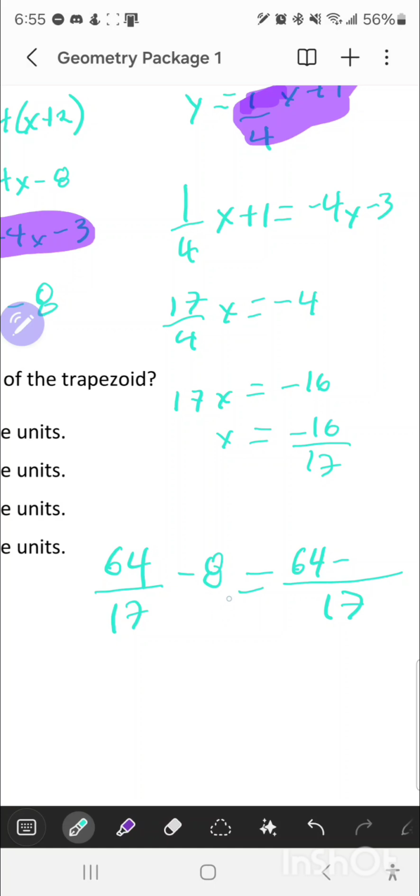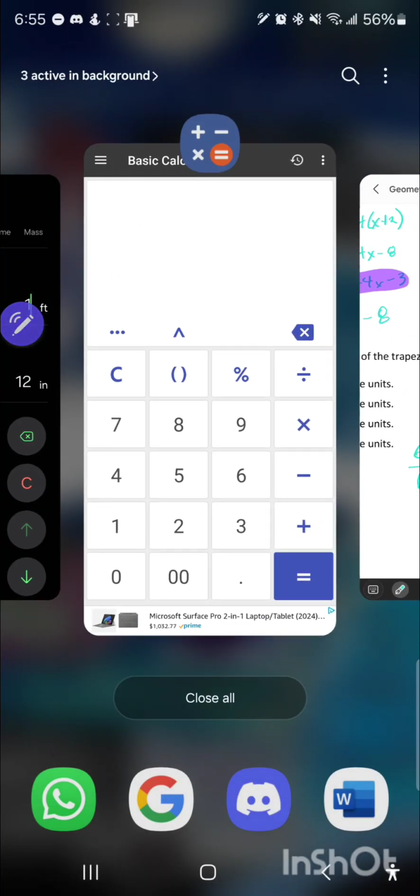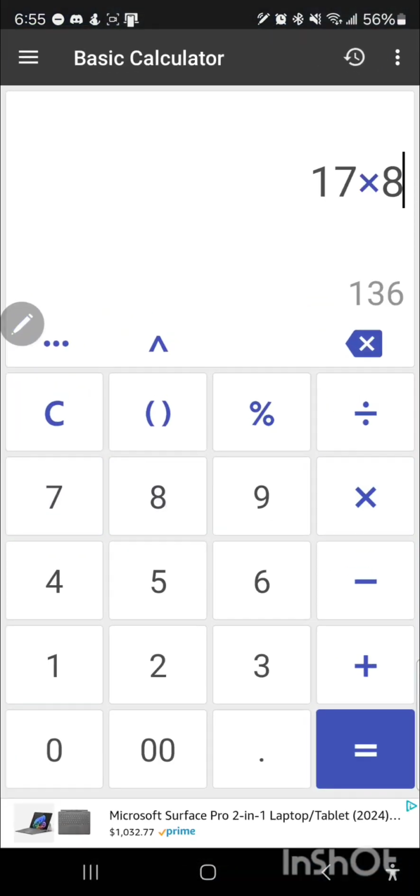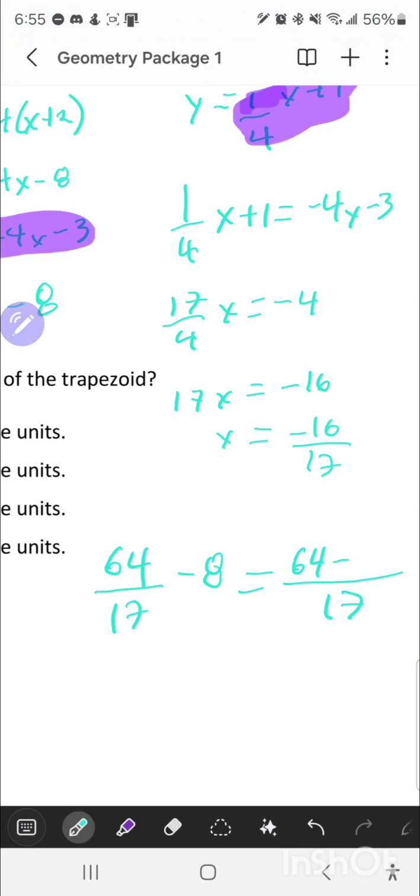Now 17 divided by 1 is 17, and 17 times 8 is 136. They have different signs, so we subtract them: 136 minus 64 is 72.